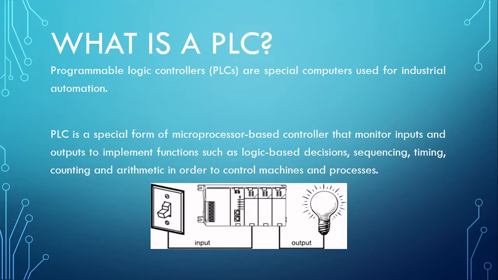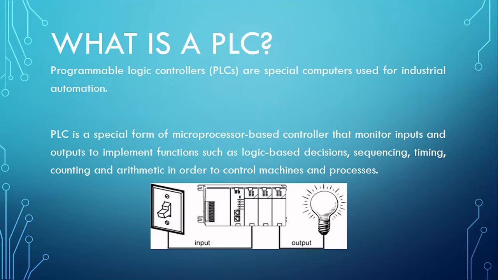So what is a PLC? Now, before the introduction of PLCs, when a particular system is required to work in a particular way, such systems are wired in the manner by which they want the system to operate. And when there's a need for the system to respond differently to the same input signals, such systems have to be rewired.